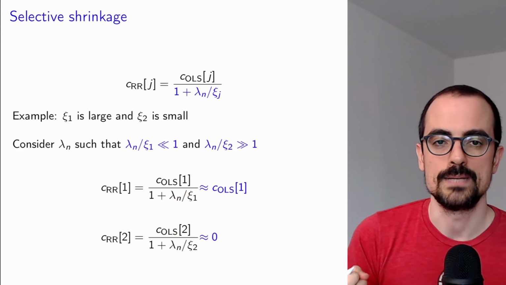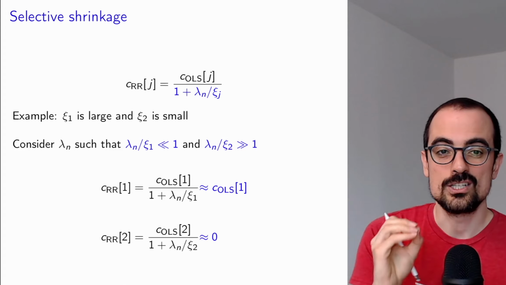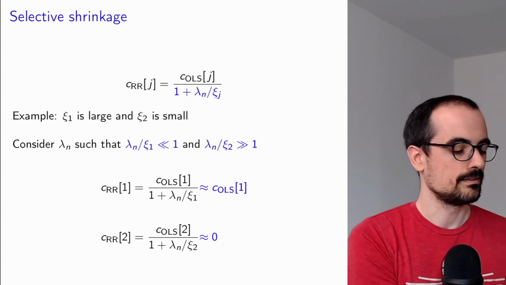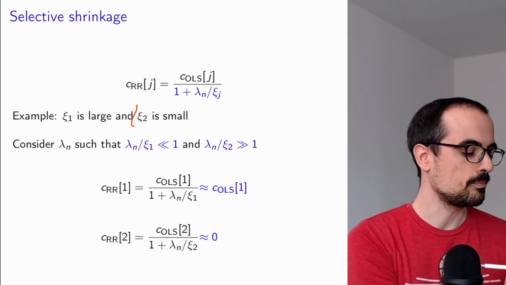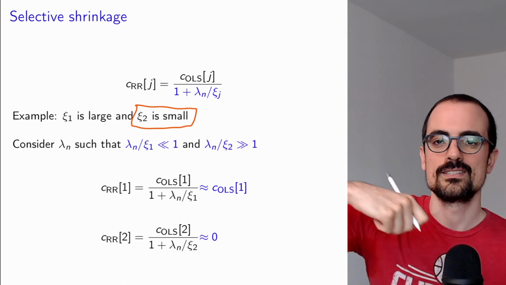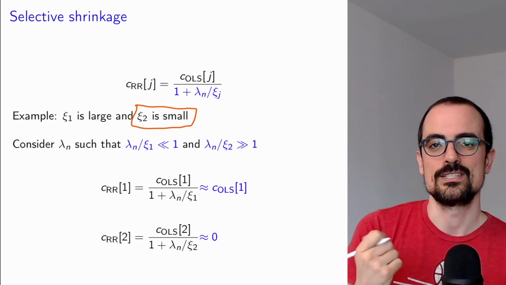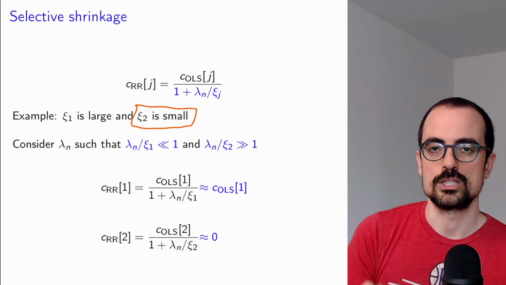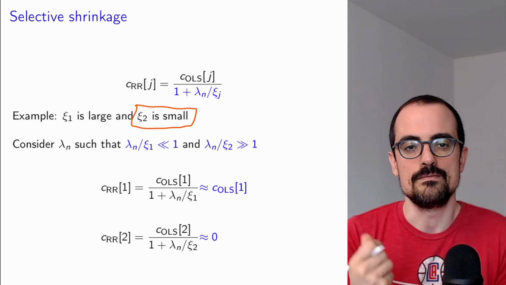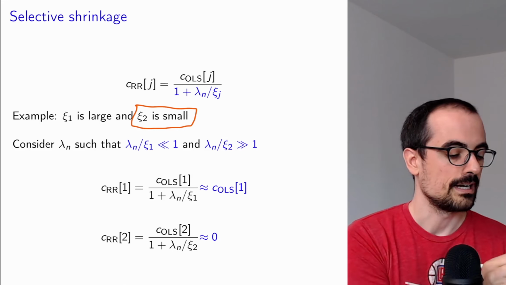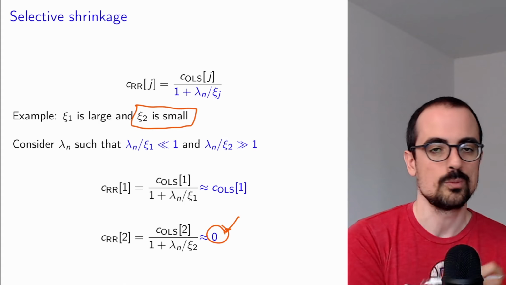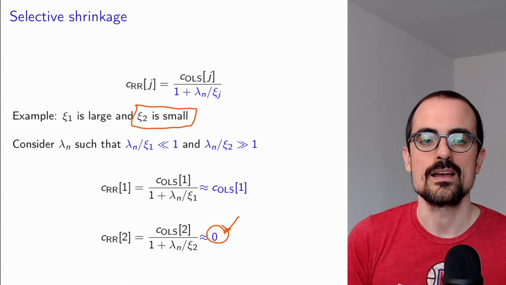Boom, it becomes 0. This is great because when the sample variance is small is precisely where the coefficients explode and go bananas, and there's this noise amplification that we talked about so much in the video on coefficient error. And those coefficients are precisely the ones that are going to be suppressed by ridge regression.